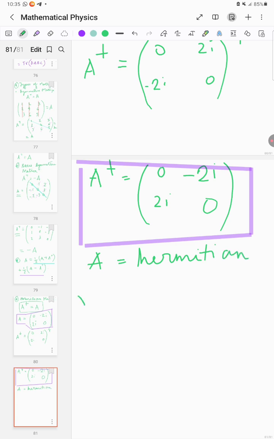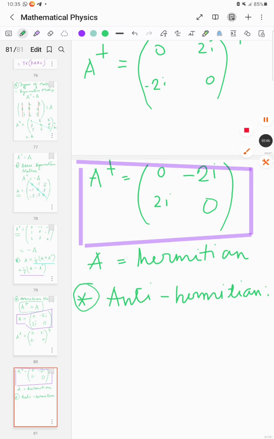Alright, now coming to the next topic, which is anti-Hermitian or skew-Hermitian. A matrix is said to be anti-Hermitian if it satisfies the following condition.